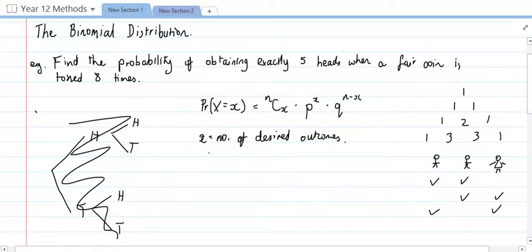We'll also say that p is equal to the probability of the event, and q is the probability of not that event. I might just write, let's say, p dash, so it's not the probability of the event. Also, we need to know n, which is the number of trials.